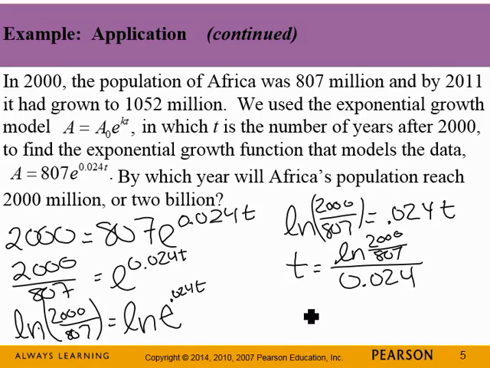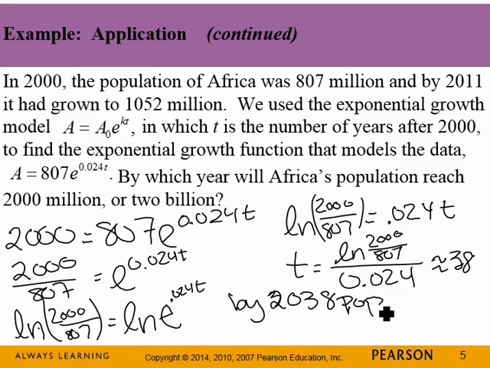If you were to simplify this, t is about 38. So remember, you're going from 2000, so by about 2038, the population will equal 2 billion.